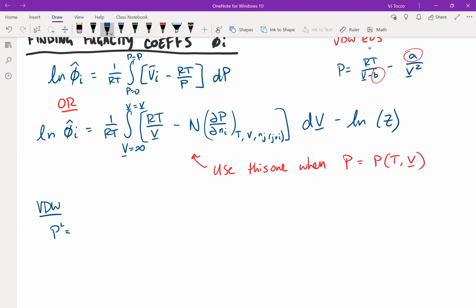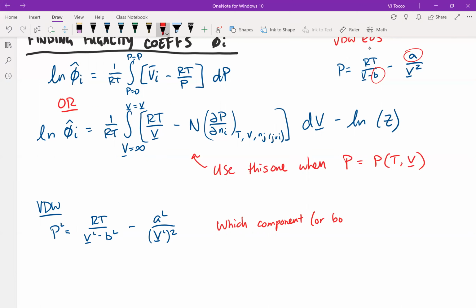So the pressure of the liquid phase would be RT over the molar volume of the liquid phase minus B of the liquid phase, minus A of the liquid phase over V under bar of the liquid phase squared. So the question here is which component, or both?